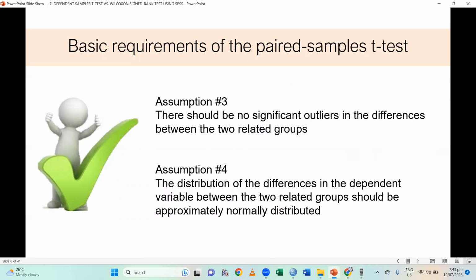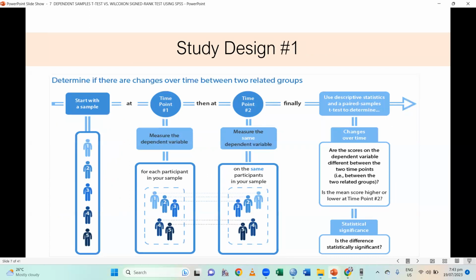Okay, so let's have the following study designs. The first one is if you wish to determine if there are changes over time between two related groups. Just like my example earlier, let's say you started with your respondents and you wish to measure the dependent variable, say weight.